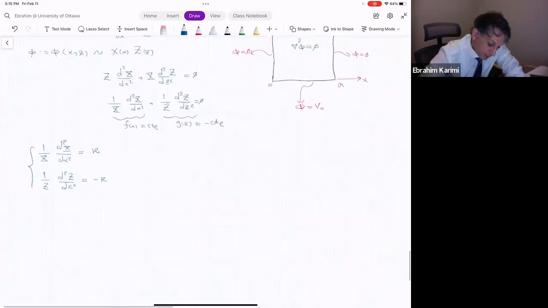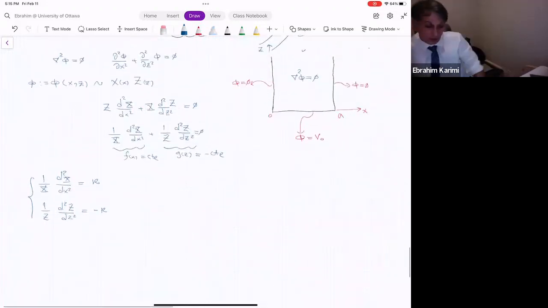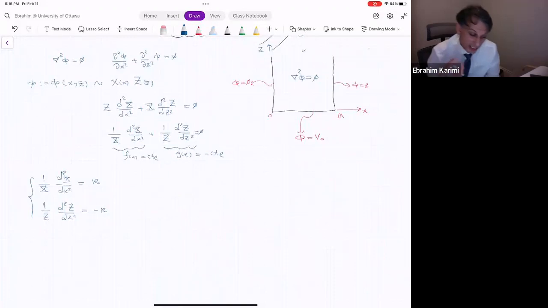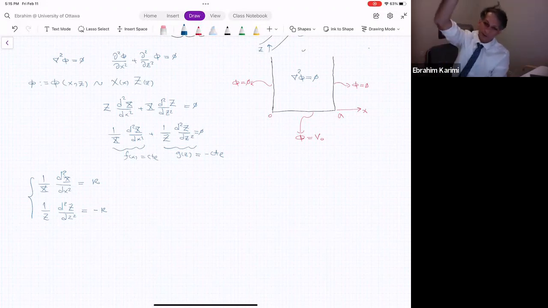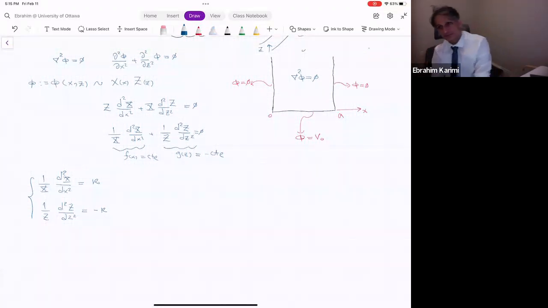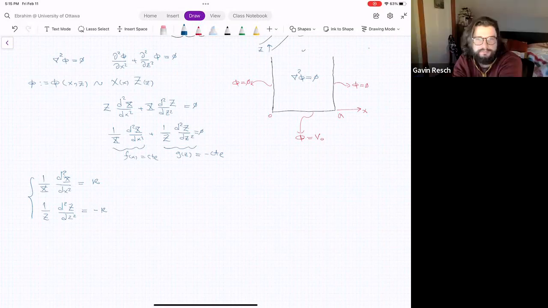Okay, so from the physics point of view, what are you expecting for the function along the x direction? What are you expecting along the z direction? Gavin? I don't know.